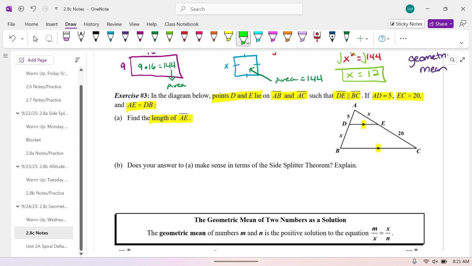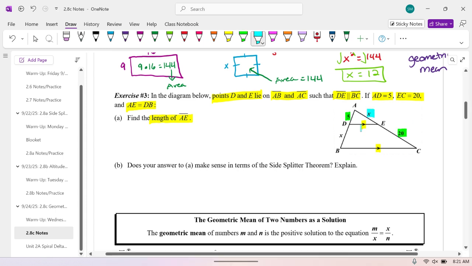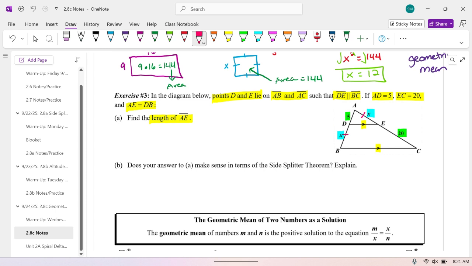So they said that AD is 5, EC is 20, and that AE and DB are equal to each other. In other words, these two side segments are congruent. They want us to find the length of AE. Now, this is the perfect example of a side splitter.